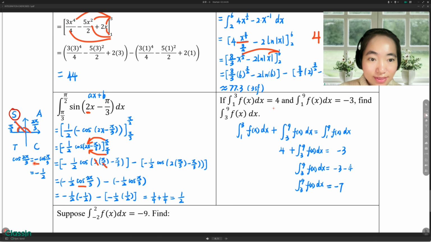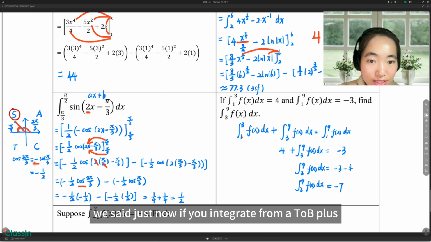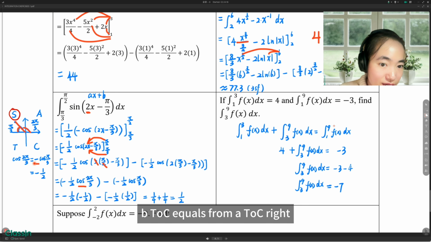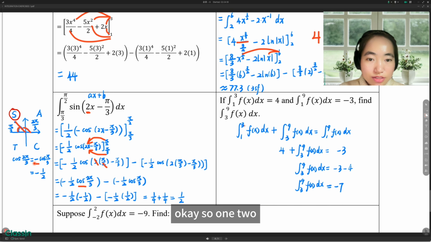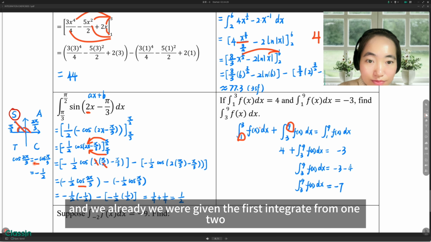Next. Here, let's see, find this. Remember we said just now, if you integrate from a to b plus b to c, equals from a to c, right? Okay, so 1 to 3 plus 3 to 9 equals from the beginning to the end. You integrate from beginning to the end, from 1 to 9, right?